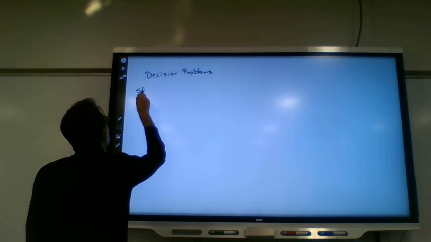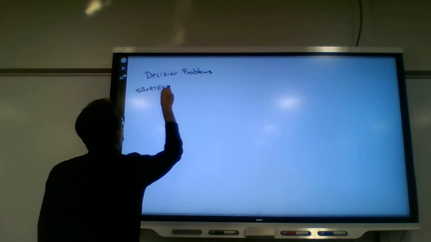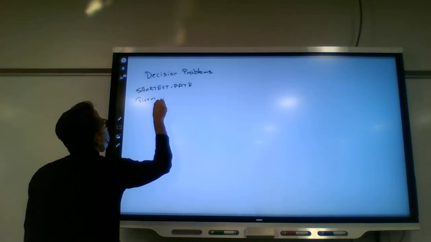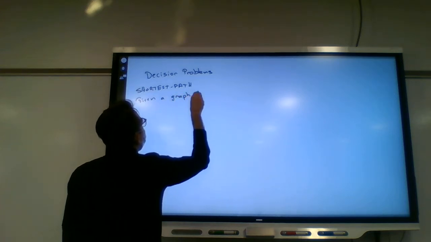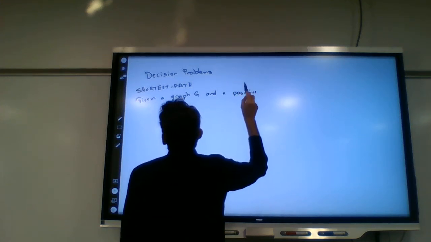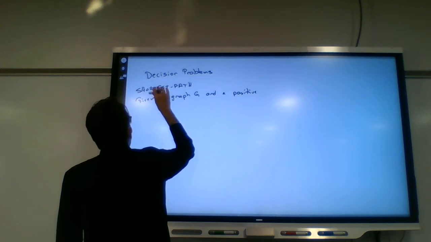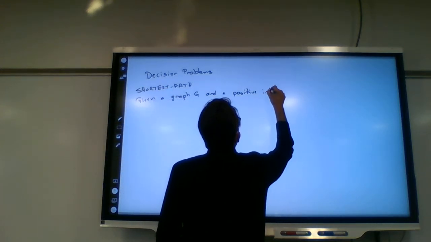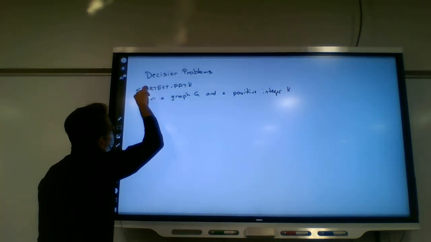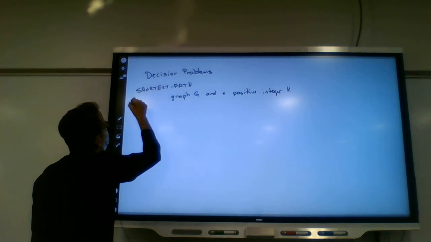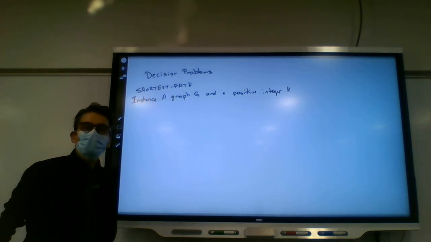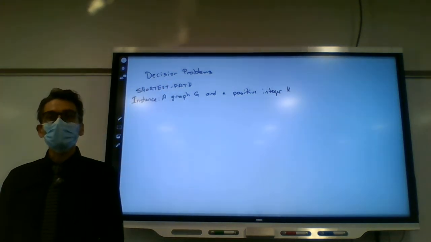If we wanted a shortest path, so we might be given a graph G. So the way this is often written, instead of saying given, we say an instance of the problem is a graph G and a positive integer k.